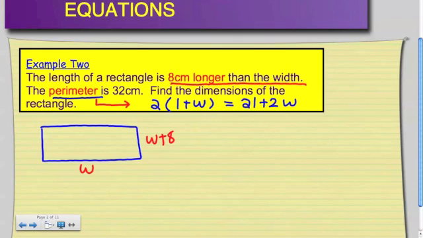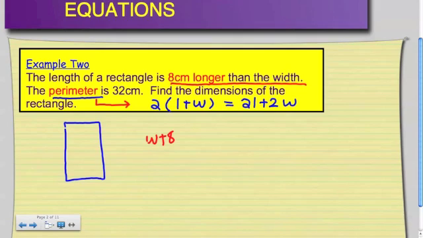So maybe I should have drawn this rectangle a little bit longer. So let's fix the diagram. So we have W as our width and W plus 8 as our length.